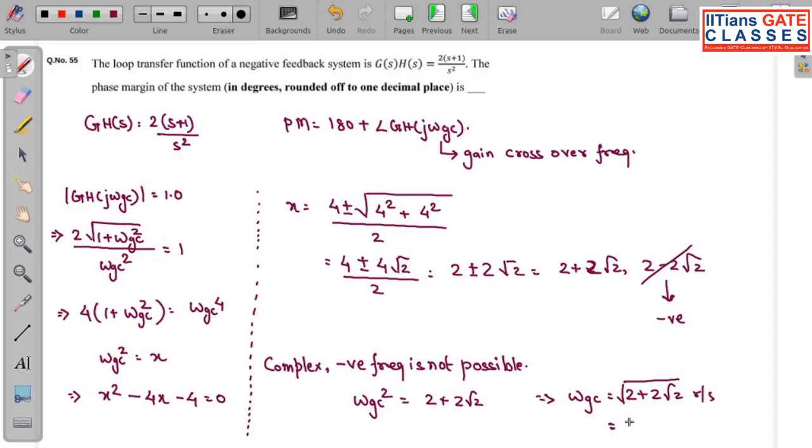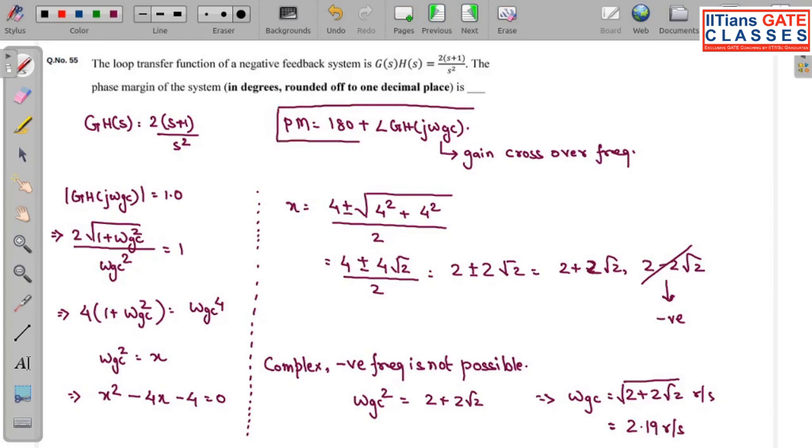That nearly comes out to be 2.19 radians per second. Now let us put this value of 2.19 radians per second in the phase equation.